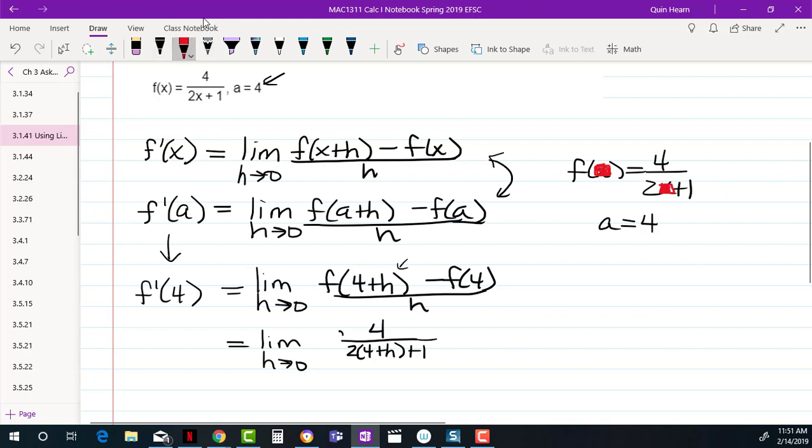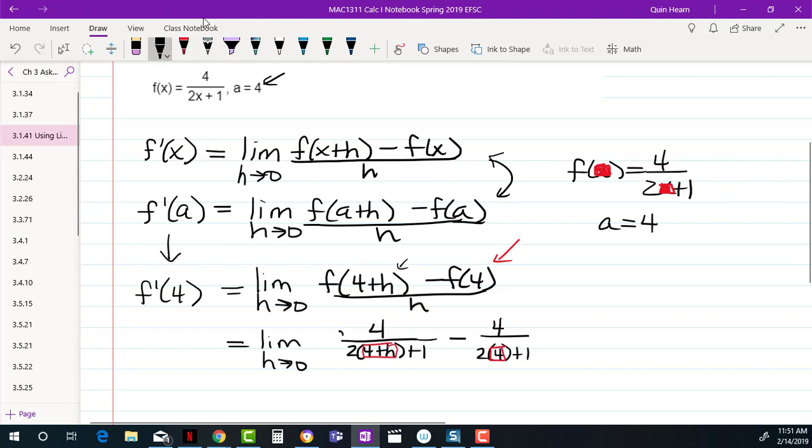You see how I've filled in that box with the 4 plus h. And then I need to subtract what happens when I fill in that box with a 4. So f of 4, we're going to have minus 4 over 2 times 4 plus 1. So again, the little box was just filled in with a 4 this time.